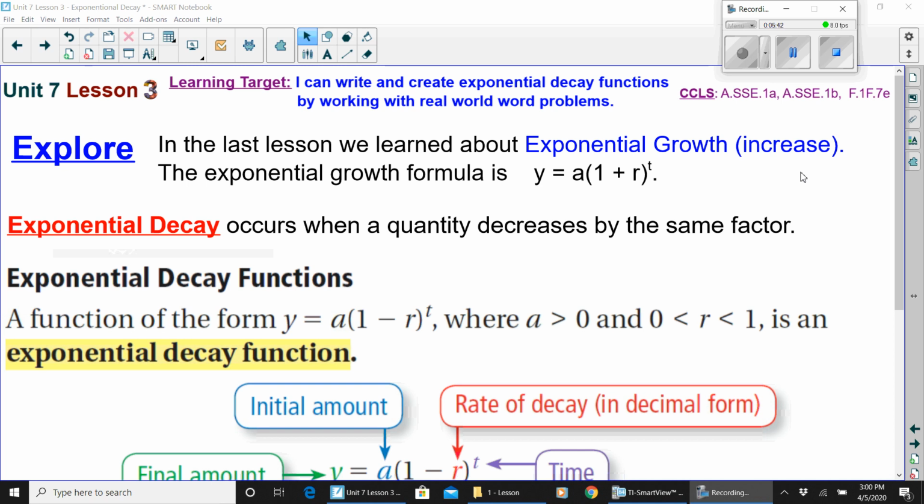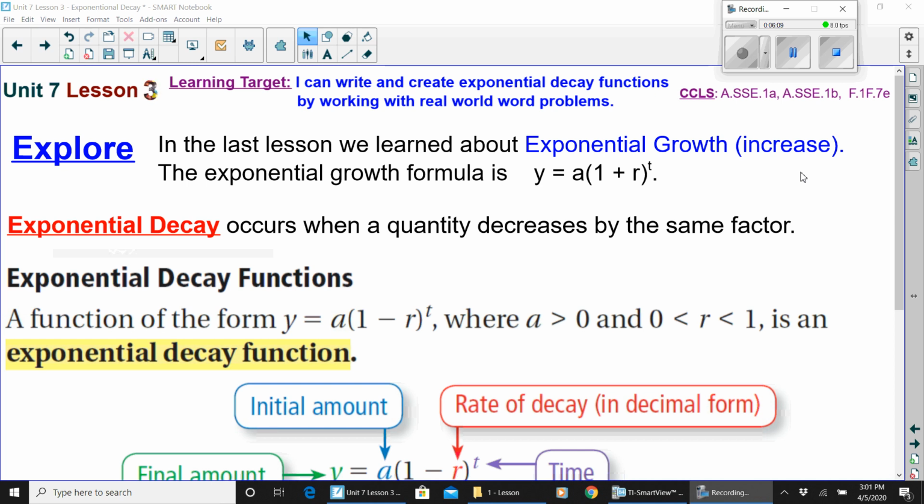So the next page is an explore. It says in the last lesson we learned about exponential growth. It's an increase. Anytime that we have exponential growth, we're talking about interest, as far as earning money in the bank. In this one, we're going to talk about exponential decay.